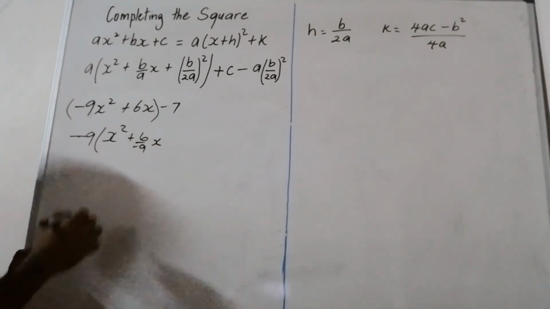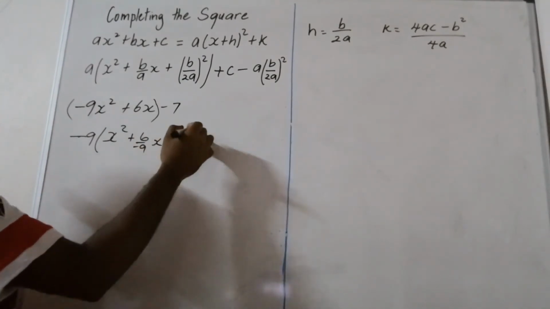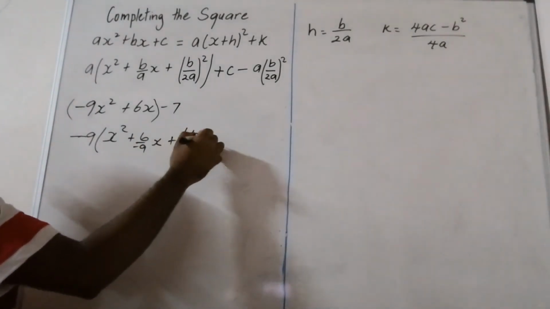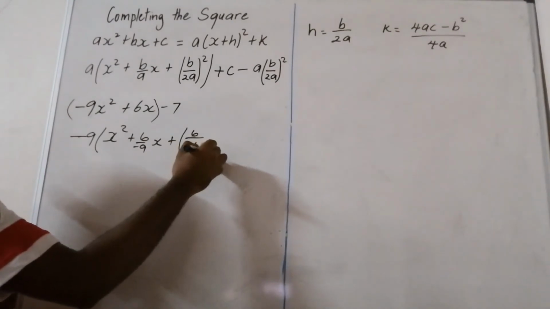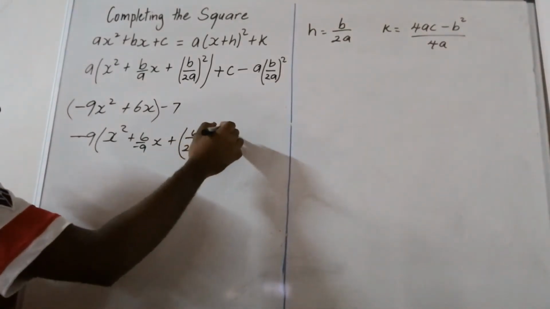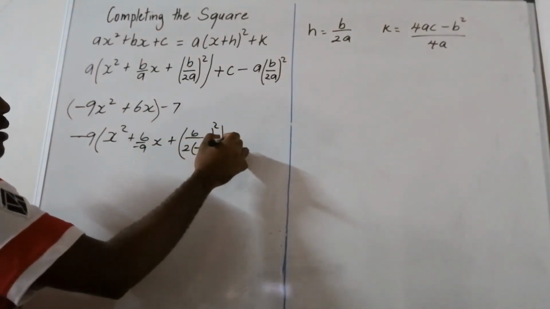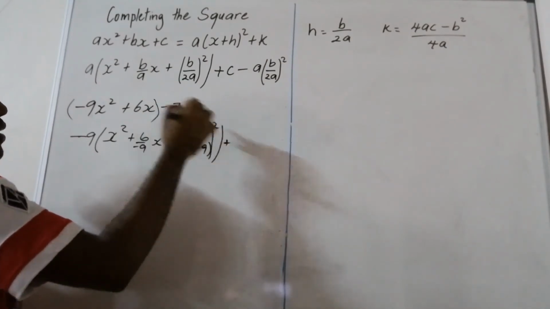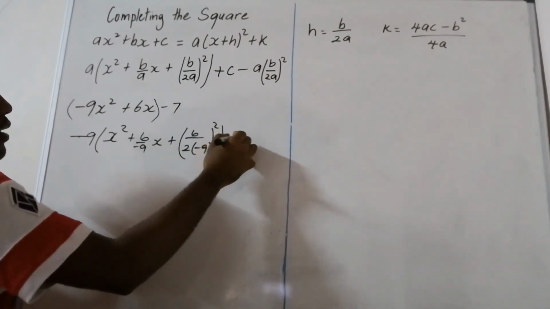And then we now add 6 over 2 times minus 9 all squared, which will be plus the c, which is negative 7.